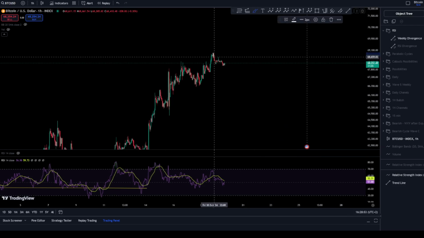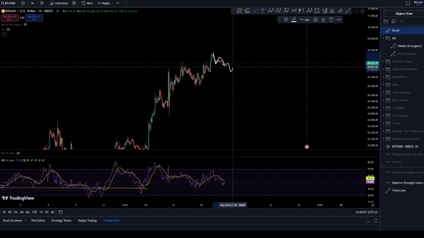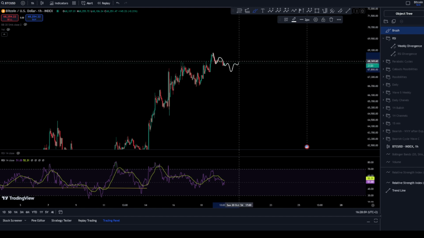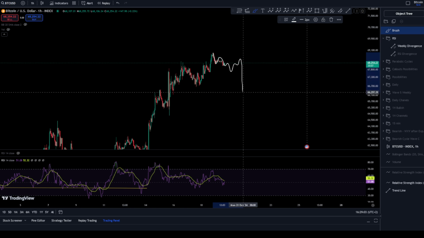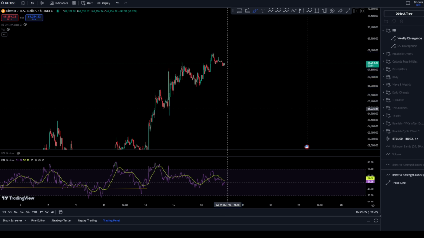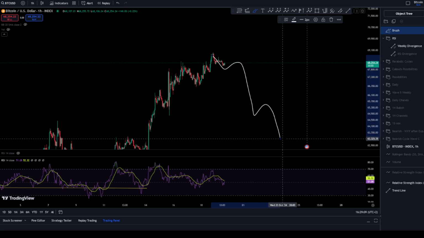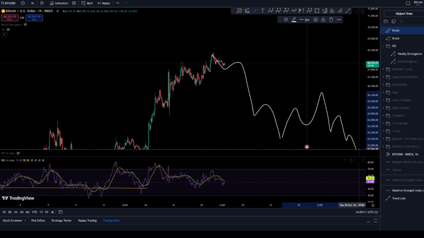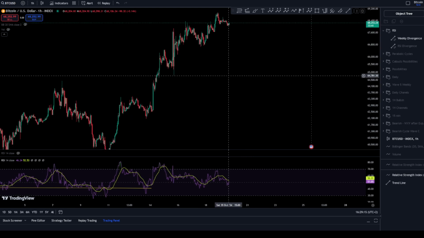So far it looks like just 3 waves, and we don't see yet any 5 waves towards the downside. If we see 5 waves towards the downside and then 3 waves up, then we might look for a very, very deep impulse towards the downside as a wave A, and then a correction, and then 5 waves down again to finish this correction.